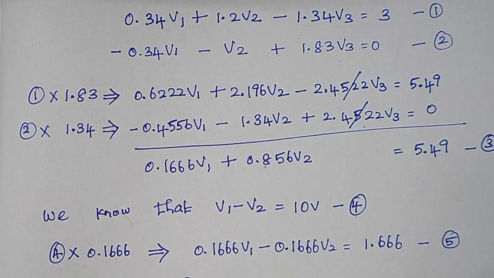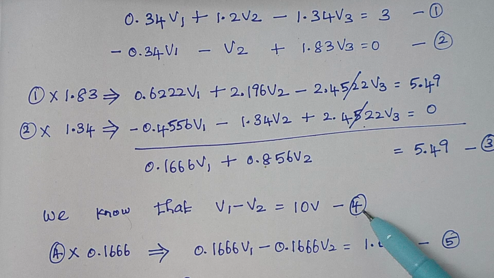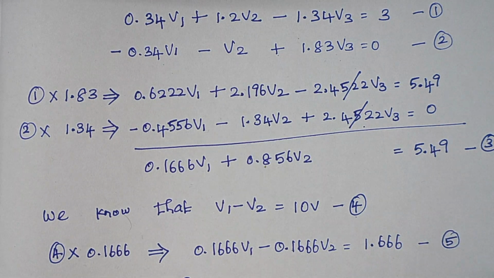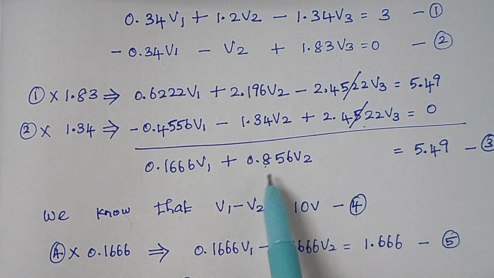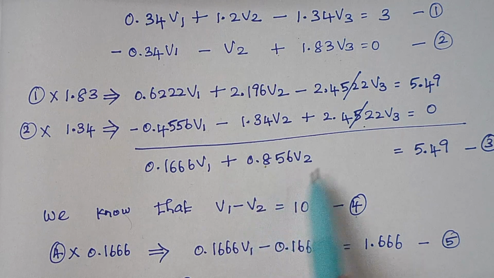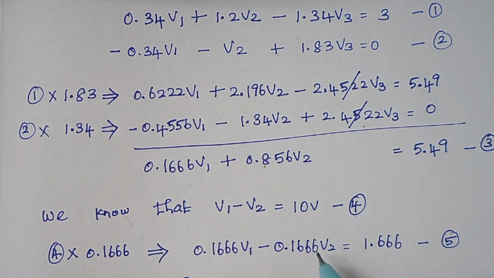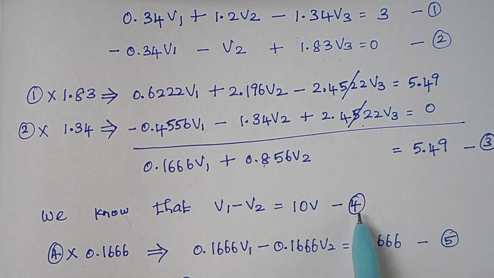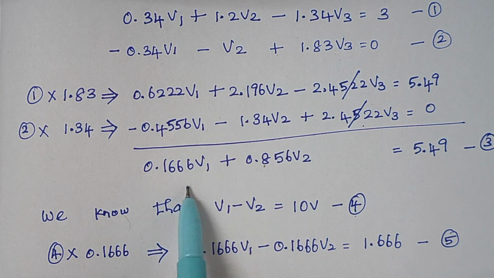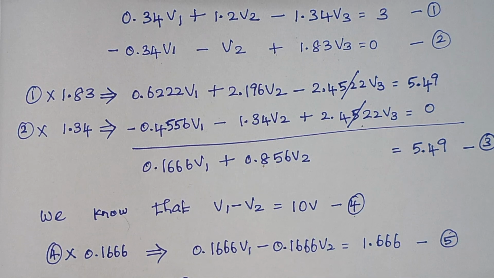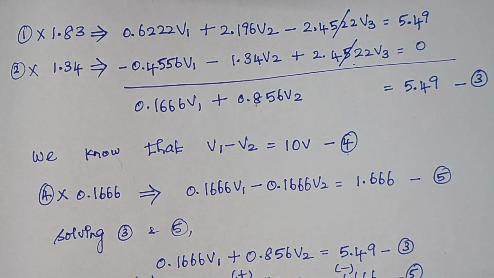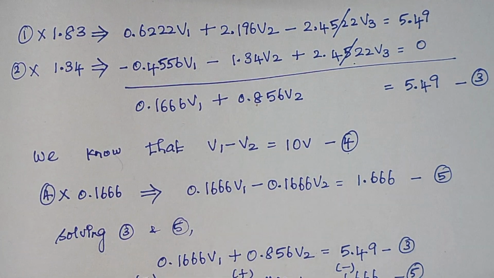Now we are going to solve equations 3 and 4 to get V1 and V2. So when you observe keenly, whenever you multiply, you have to multiply either with 0.856 or 0.1666. Now I am going to multiply this equation 4 with 0.1666. So when you multiply, here we have this equation, and now we are going to solve equation 3 and equation 5.